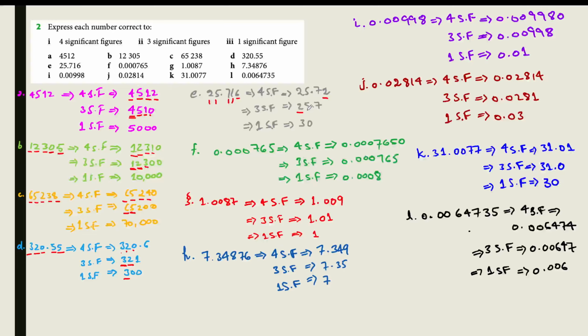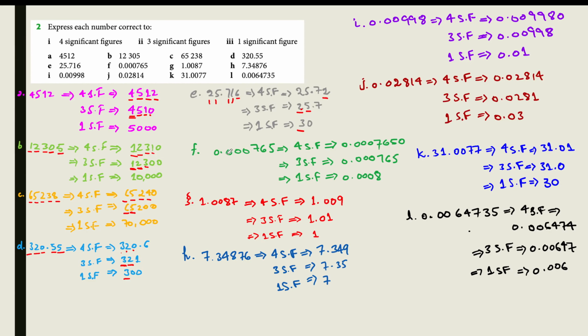So we check the next number, that is 5, equal to 5, as per the rules of rounding up. Therefore, this number will round up by one number. It will become 3, and the number after it, that is 5 in here, will be replaced by 0. So up to the first significant figure, we get 30.